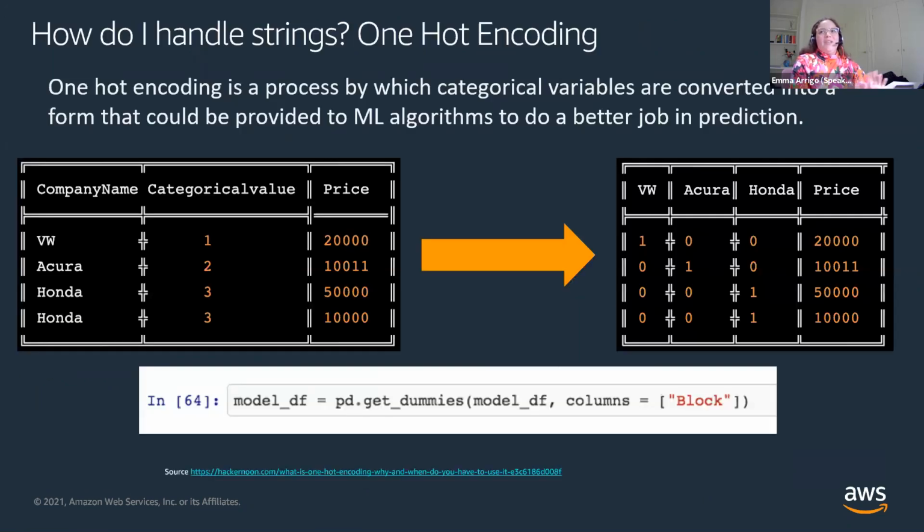I mentioned one-hot encoding. For those unfamiliar, if this column is VW, Acura, and Honda, instead of representing that with a string, you create new columns for each of those values and indicate if it is that value with a 1. So one column becomes 3. And again, you have to do some transformations to get that into the required form.